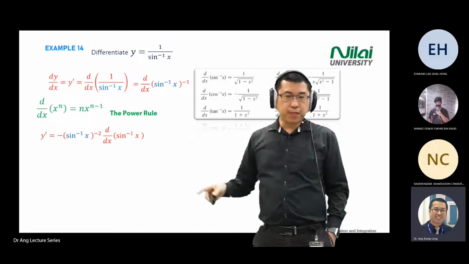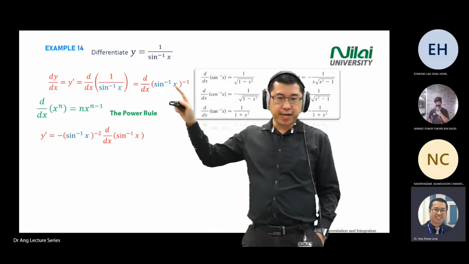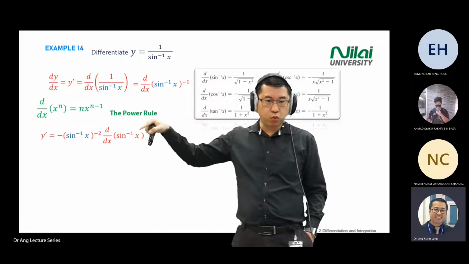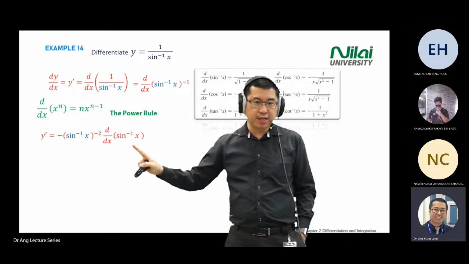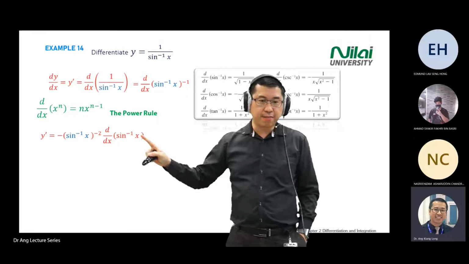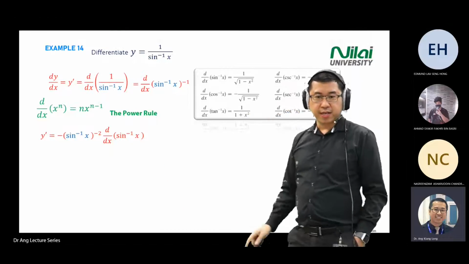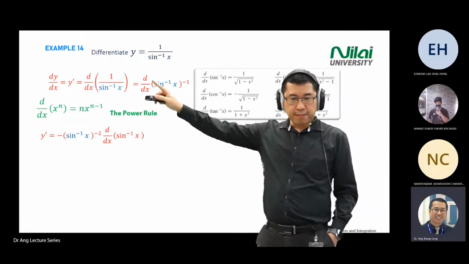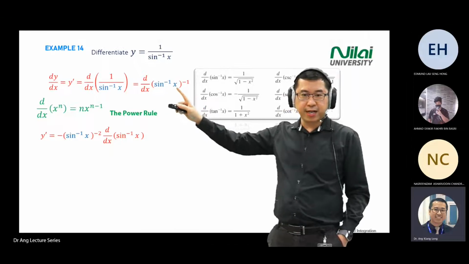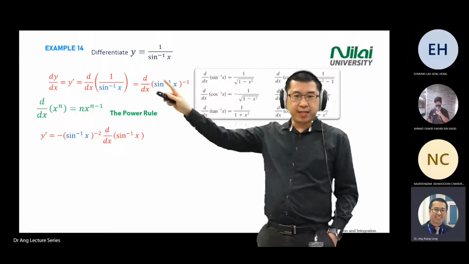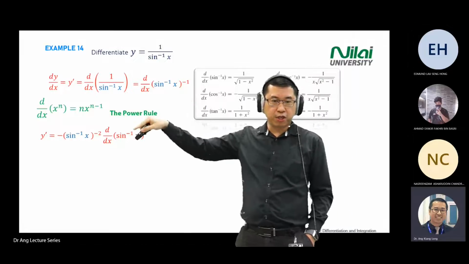When you solve a trigonometry problem like this with the bracket and x inside there, you need to remember to do one more time d over dx of sine minus 1 x. Okay, repeat one more time. If you differentiate something with a bracket with x inside, you need to differentiate one more time.